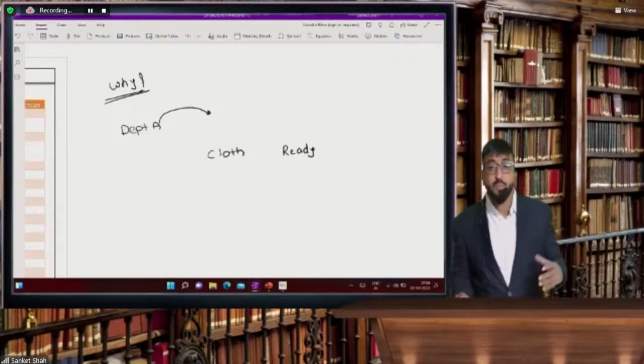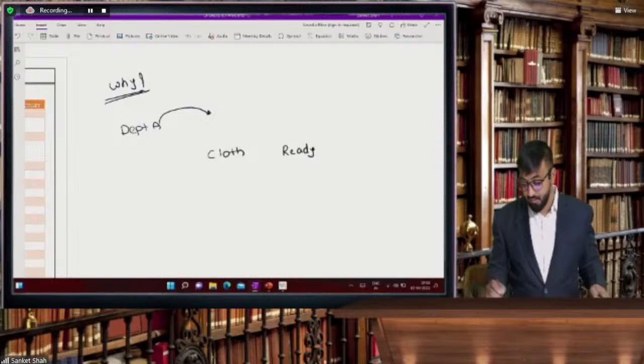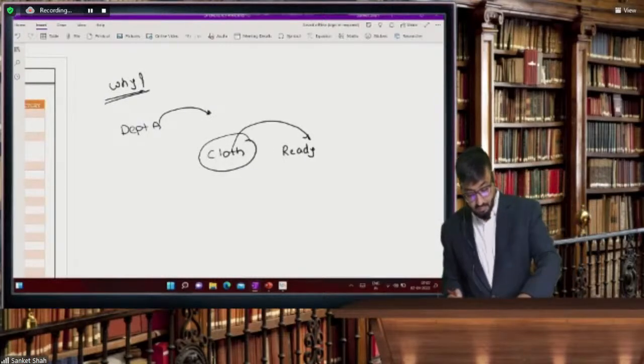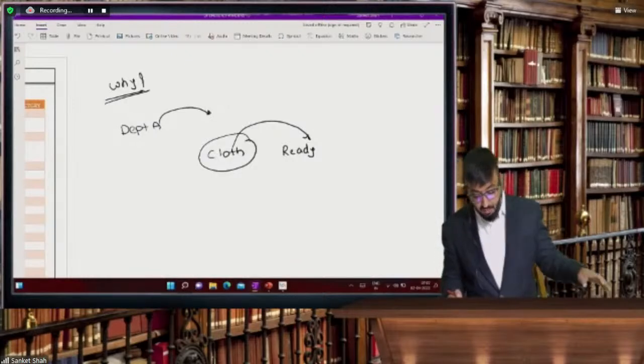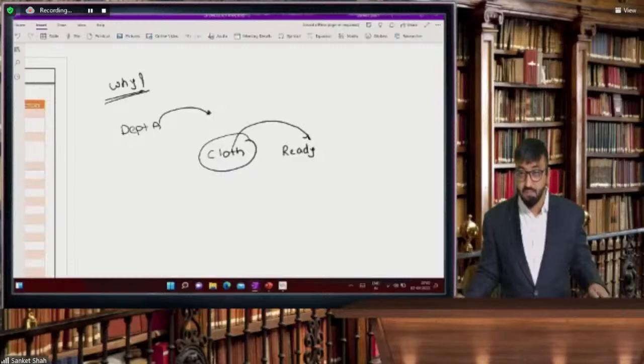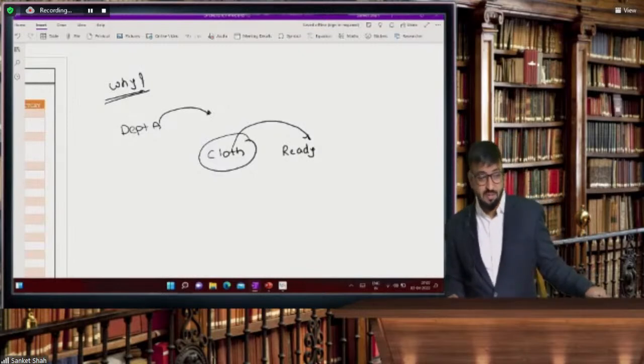Where is processing going on? In the cloth department. So the cloth department will transfer raw material after some processing to the ready-made department, and in the ready-made department you will get the finished goods.